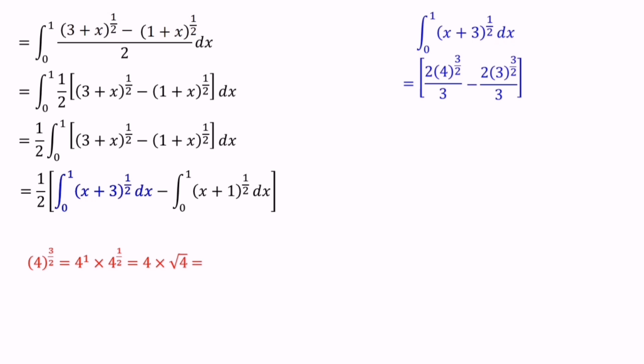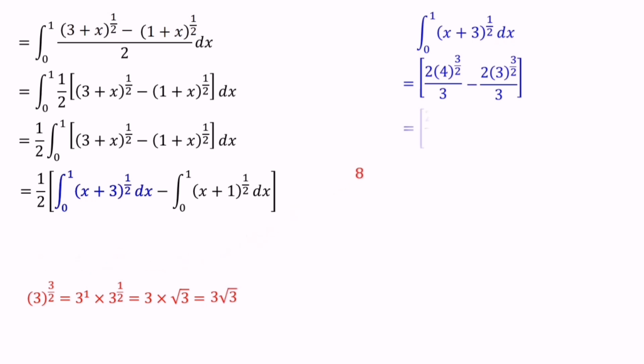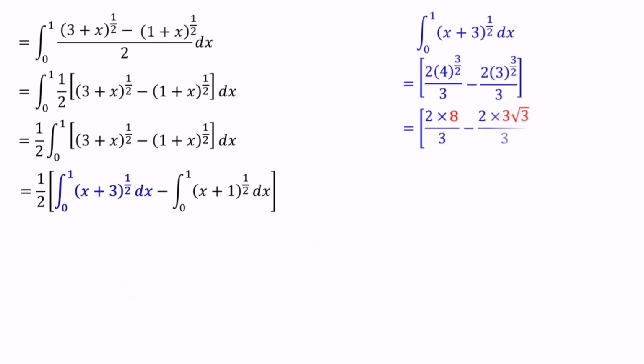Then 4 into root 4, or 4 into 2, equals 8. 3 to the power of 3 over 2 we can write as 3 to the power of 1 times 3 to the power of half. 3 to the power of half means square root 3. Then we get 3 root 3. Then we substitute these 8 and 3 root 3 values. Then we get the result 16 over 3 minus 2 root 3.